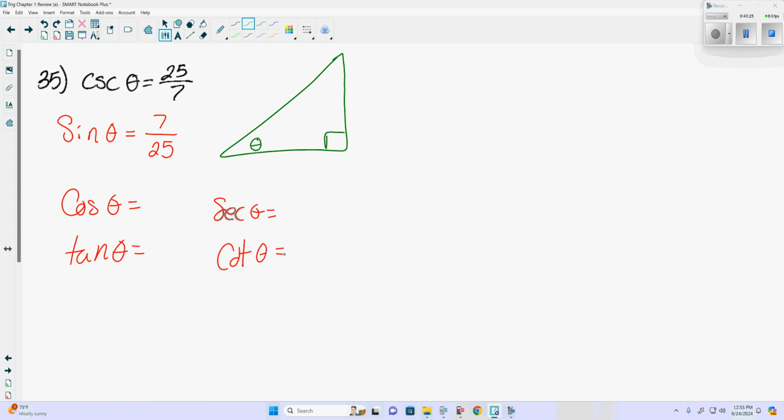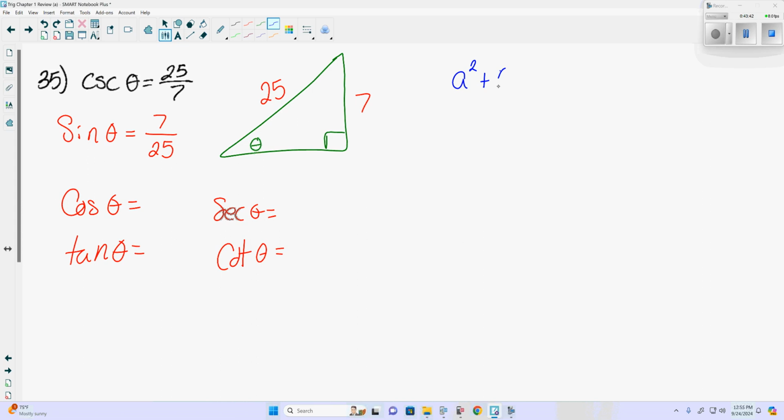It's just a triangle. Now sine's what over what? Opposite over the hypotenuse. So the opposite side is 7. The hypotenuse is 25. Now all we're missing is the adjacent.